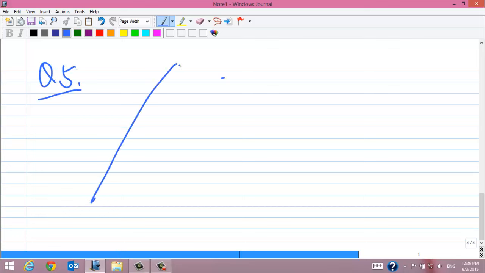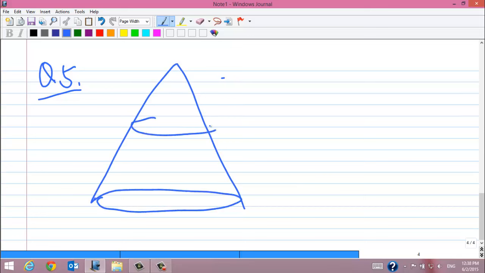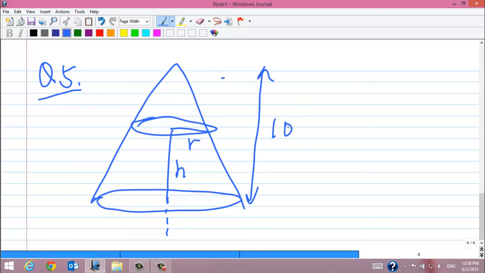The problem is you see this cone, out the water. Okay, so we just introduce, let's say I call this the R, let's call this the H. So this total is 10. This bottom is 3.